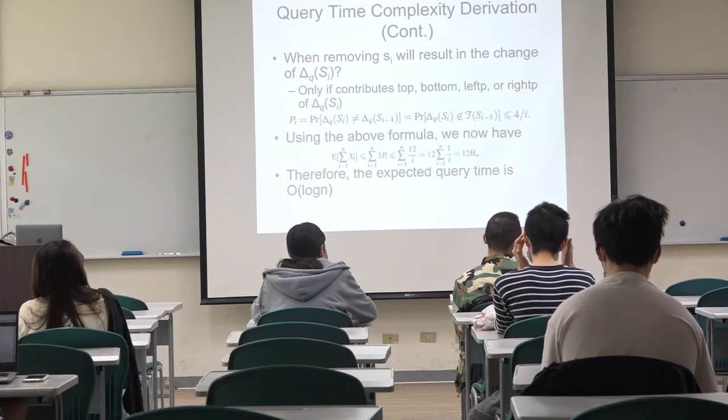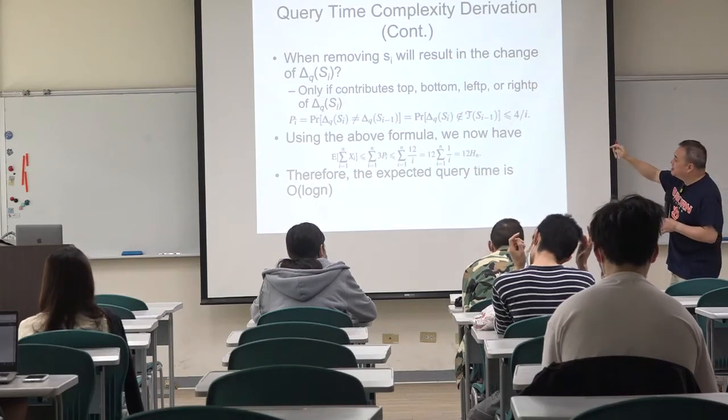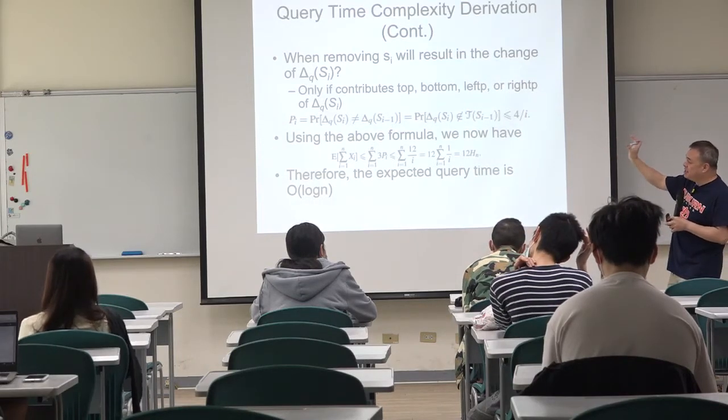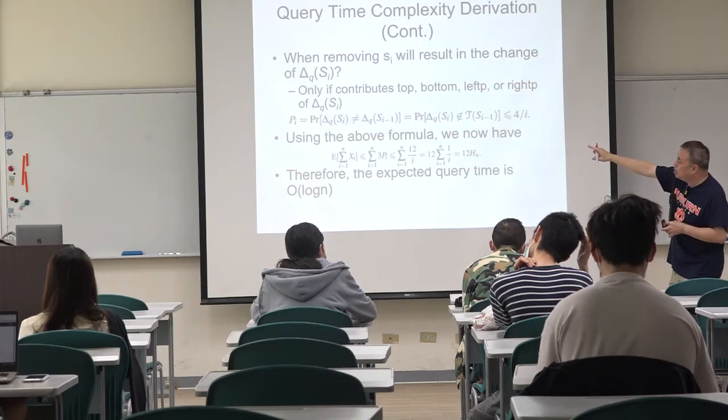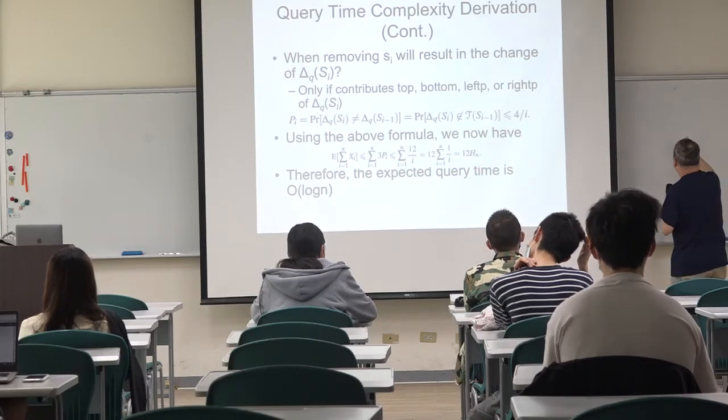So what is the probability for Si, the i-th segment, to be the top of this trapezoid?